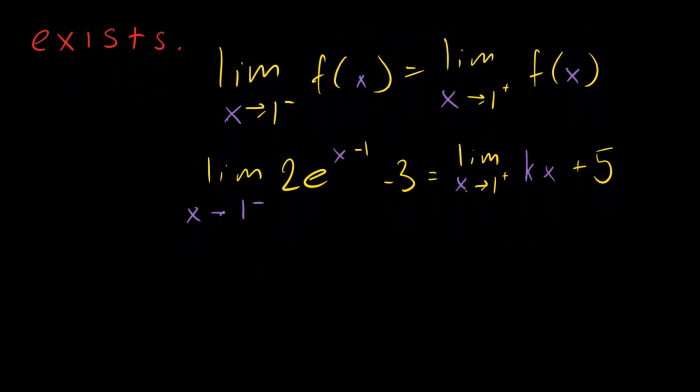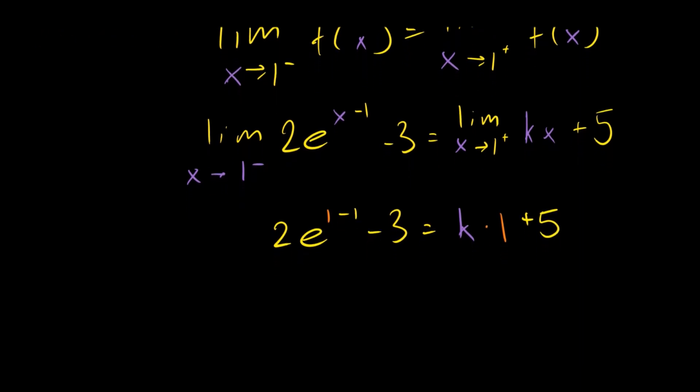So now we just plug in the 1 into both of these. There's nothing special that we have to worry about with the one-sidedness of the limits. So when we plug in a 1 into the 2e^(x-1) - 3, well, we just get 2e^(1-1) - 3, and that will be equal to the k that we're trying to solve for times 1, and all of that is going to have a 5 being added to it.